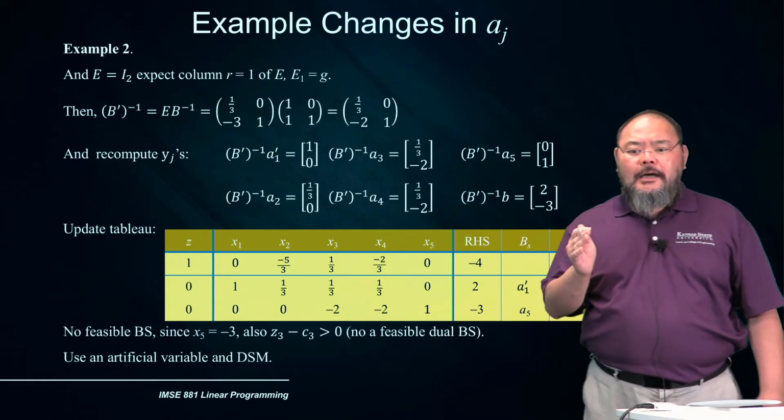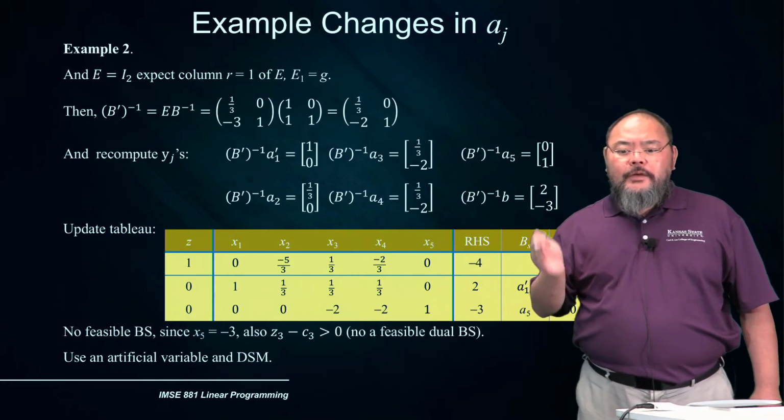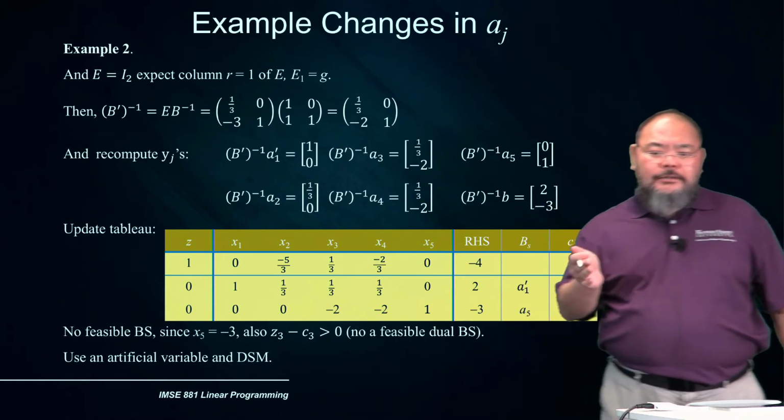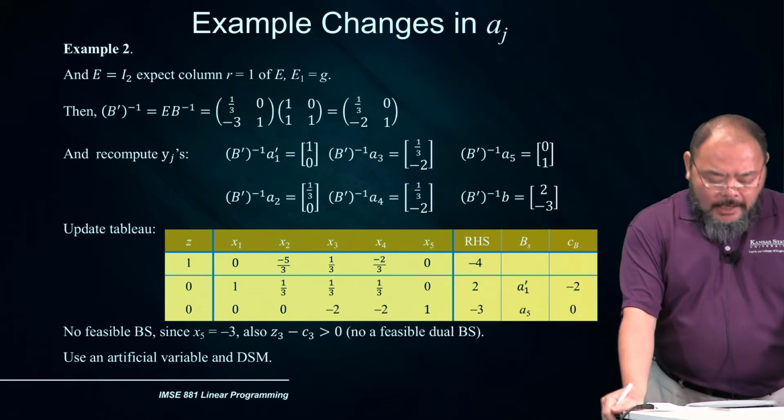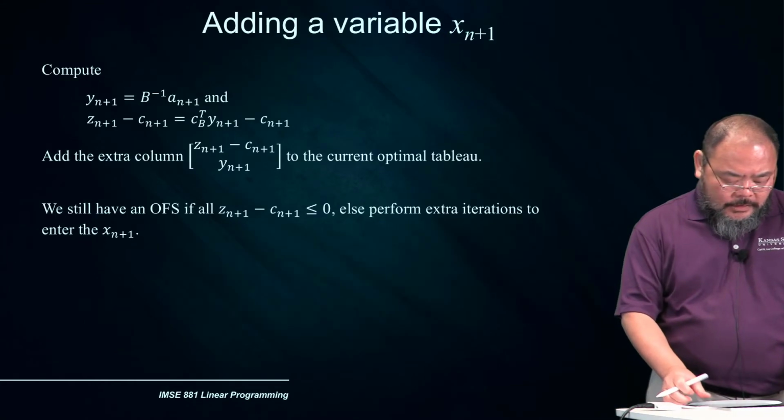That's the next topic we're going to talk about. If we add a new project or product into the linear programming model, how is that going to impact our current optimal solution?